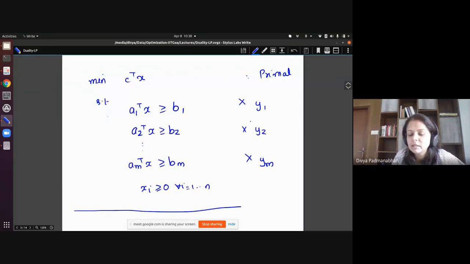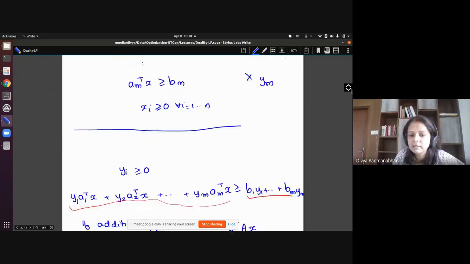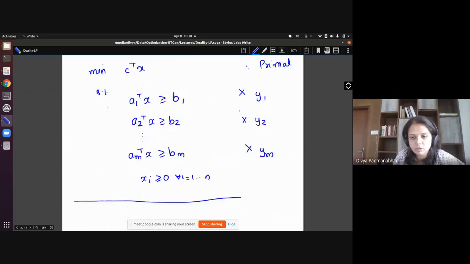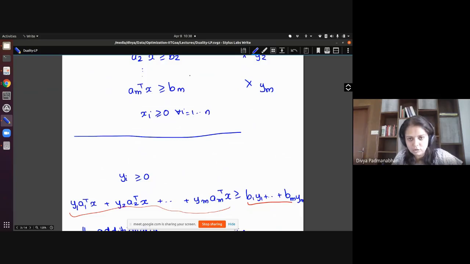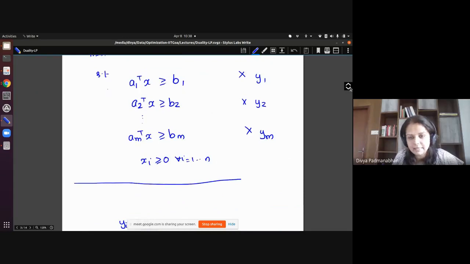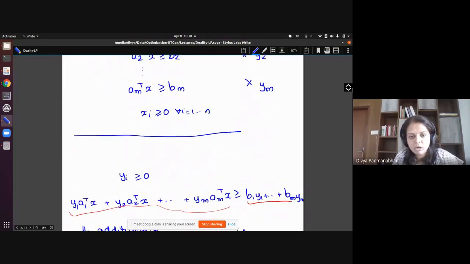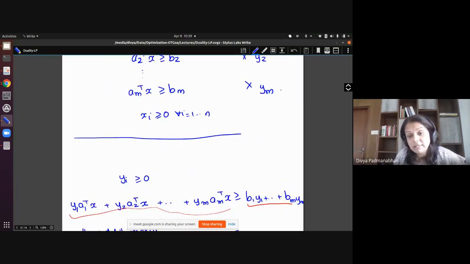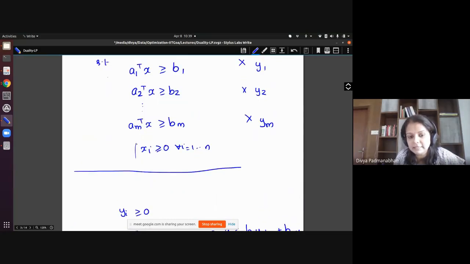What we went through was that you multiply each of these constraints. Corresponding to each constraint, you have a variable y, and then you sum up all the constraints. What you get is B transpose Y on the right hand side, which is B1 Y1 plus so on up to Bm Ym, exactly B transpose Y. Because the x's are greater than or equal to 0, you don't put multipliers for those constraints, since that is incorporated in a different manner.